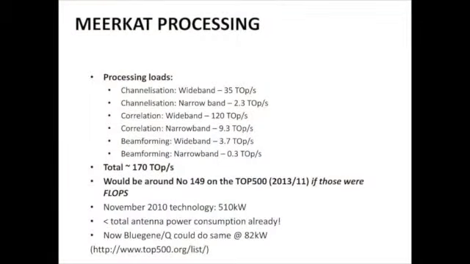And if we look at the processing loads here, we saw some processing earlier on for the people who were in the Gaia talk as well. So just adding up all the processing, I've broken it down here. These are very rough numbers. We get to a total processing load of 170 teraops per second.